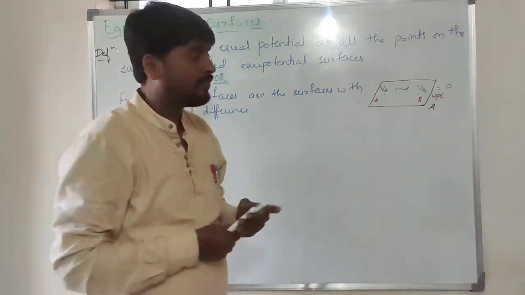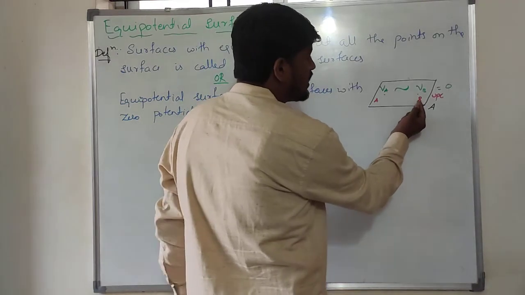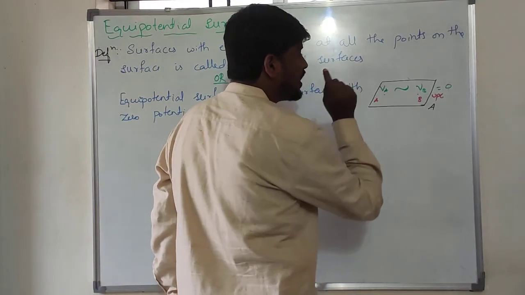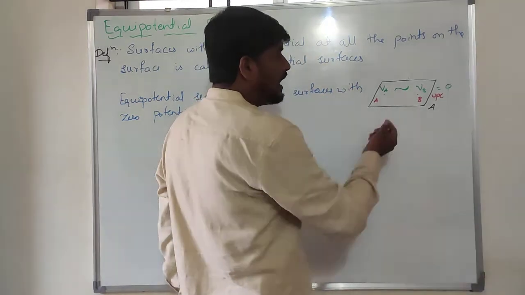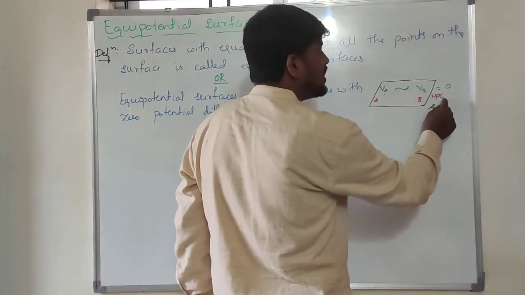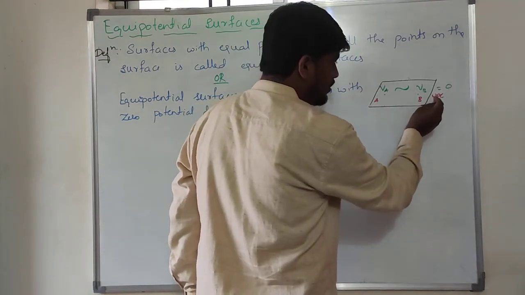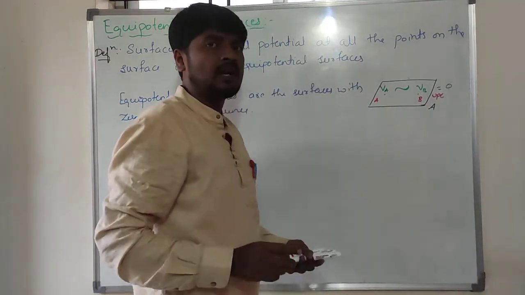Let us check. The potential at point B is equal to the potential at point A. Hence, if we move the unit positive charge from point B to point A or from A to B, no work is done at all.